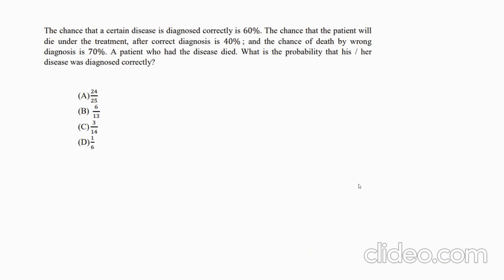So next question that we have here is that the chance that a certain disease is diagnosed correctly is 60%. Now the chance that the patient will die under the treatment after correct diagnosis is 40%.